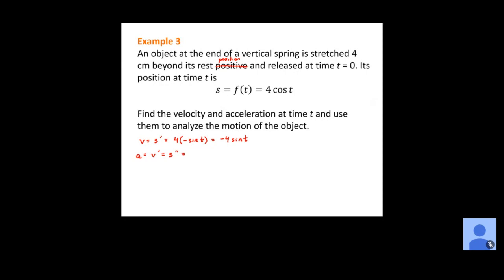Perfect. We keep the negative 4, that's our constant, and the derivative of sine is cosine. So we get negative 4 cosine t. Any questions on finding the velocity and acceleration functions?